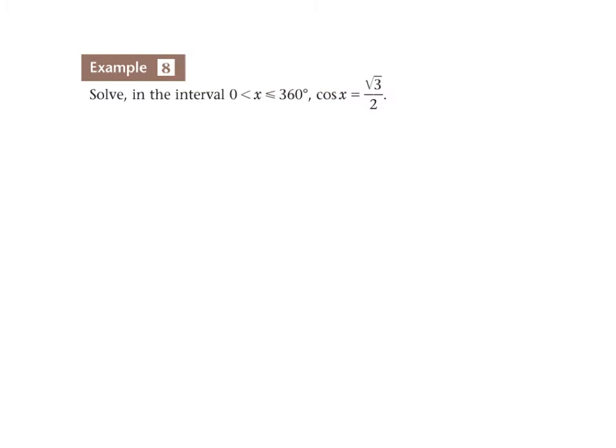Let's move on. Next example, example 8. Again, we notice that we've got to solve it in an interval, and it's also in degrees. So make sure your calculator is in degree mode. We're asked to solve cos of x is equal to root 3 over 2. Right, same scenario every single time.